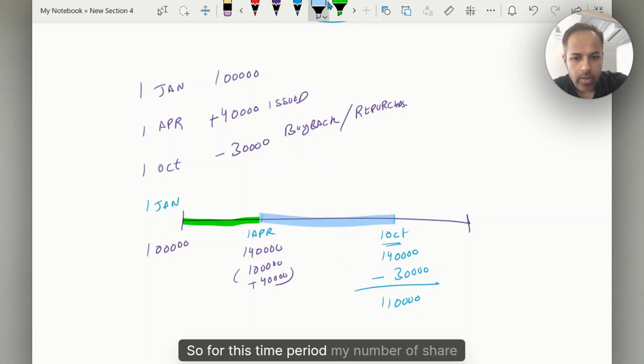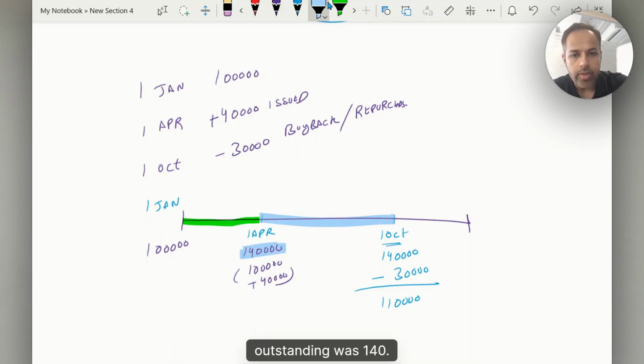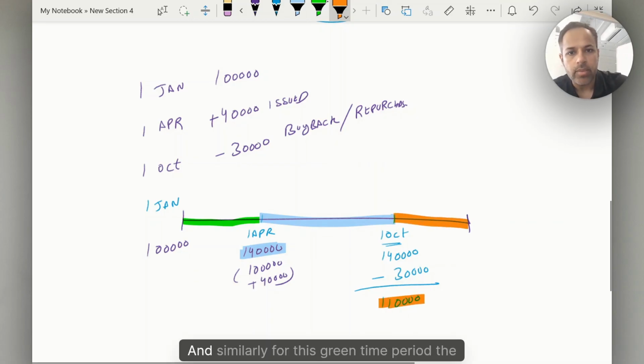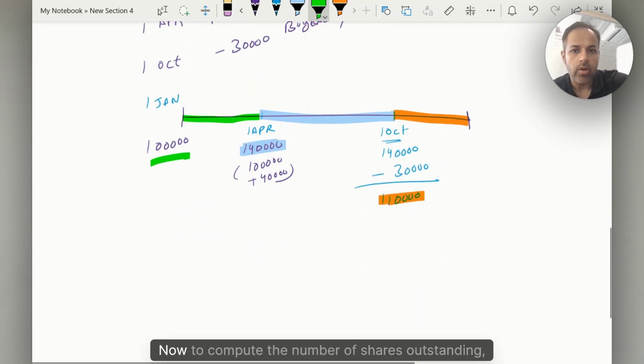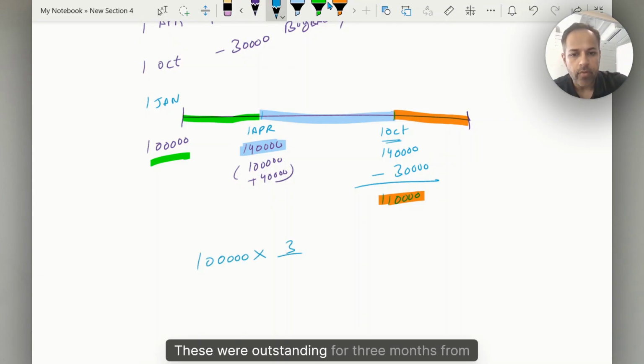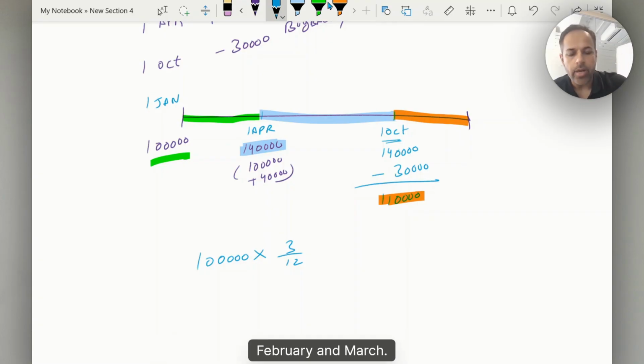So for this time period, my number of shares outstanding was 140, for this one it was 110, and for this green time period it was 1 lakh. Now to compute it, 1 lakh was outstanding for 3 months: January, February, and March.